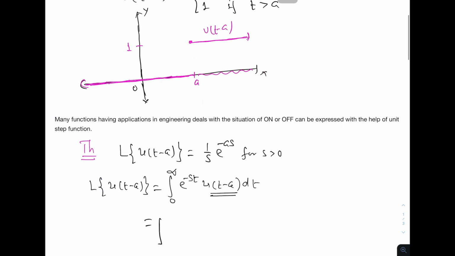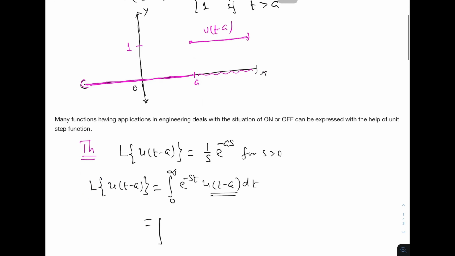F(s) is nothing but the Laplace transformation of f(t). So this is equal to e to the power minus as integration 0 to infinity e power minus st f(t) dt.